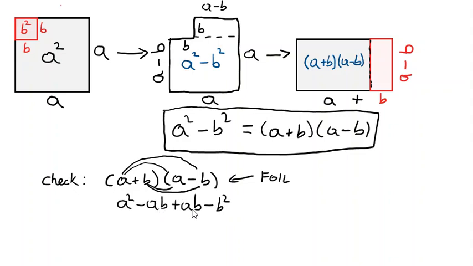The negative AB plus AB gives us 0, so that's gone, and what remains is A squared minus B squared, which means it checks out, so the identity is correct.